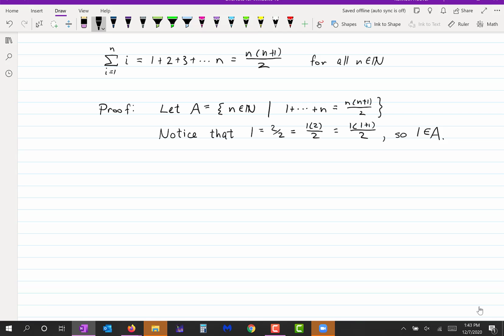Now my inductive hypothesis. I write, suppose K is in A for some natural number K. Okay?